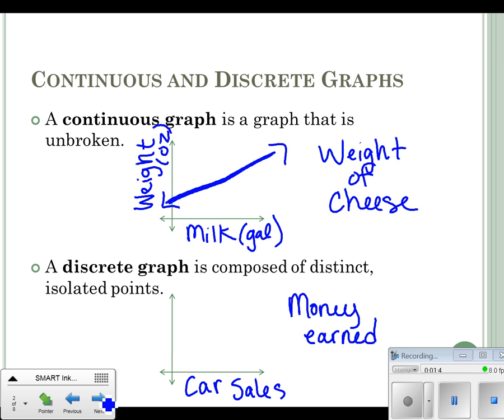And if I sell 0 cars, I get 0 money. As I sell more cars, the amount of money being earned would be going up, especially if I worked on commission. And I wouldn't connect the points because I'm not selling parts of cars, I'm just selling cars at a car lot. That would be an example of a discrete graph where you just have isolated points. So if continuous, it makes that solid line, where discrete is just the points.